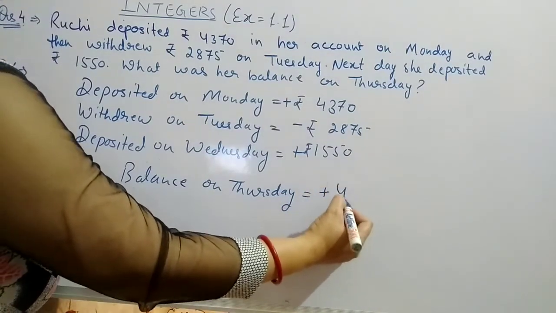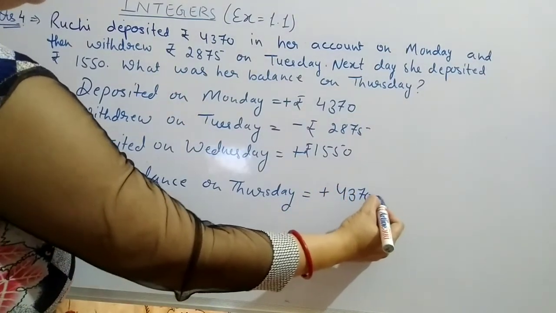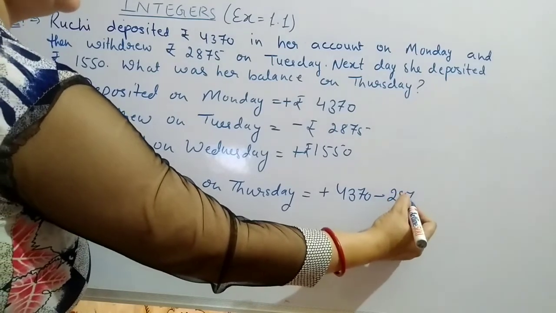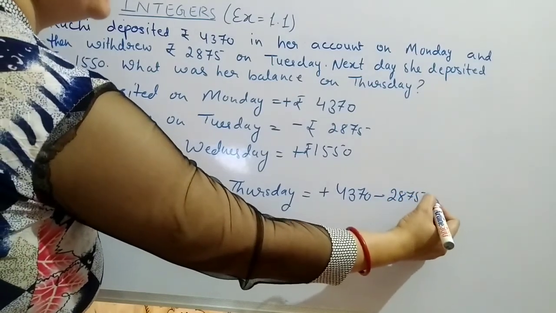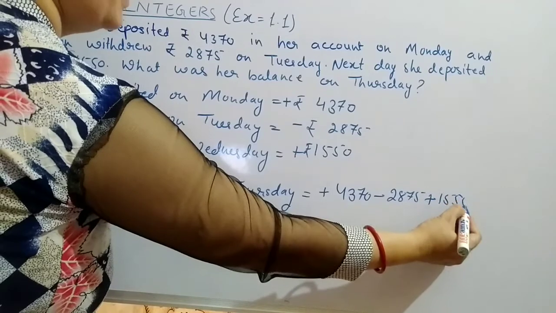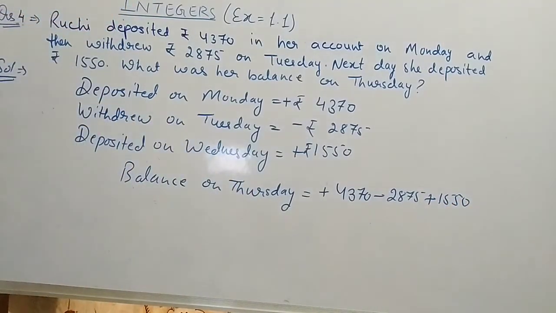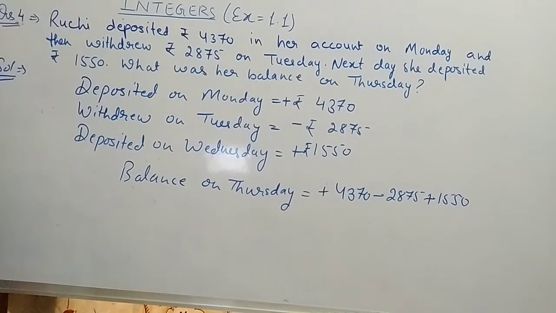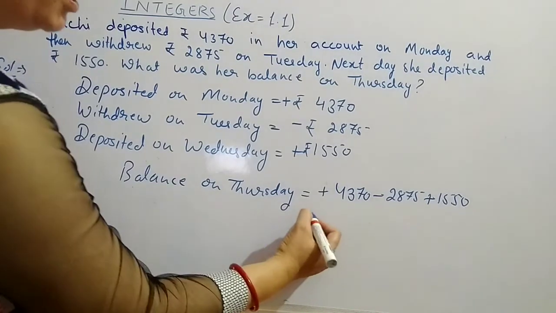Plus 4370 minus 2875 and then plus 1550. First subtract these two and add last one. So after simplification you will get answer 3045 rupees.